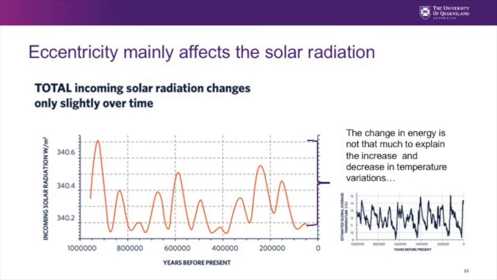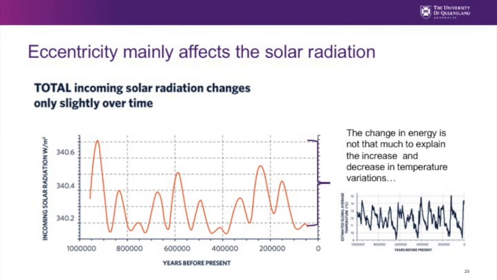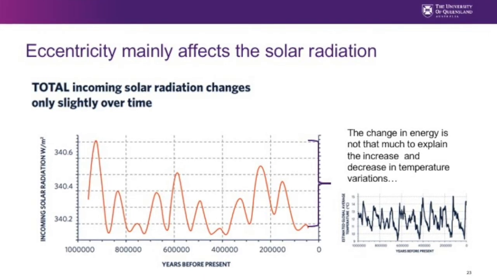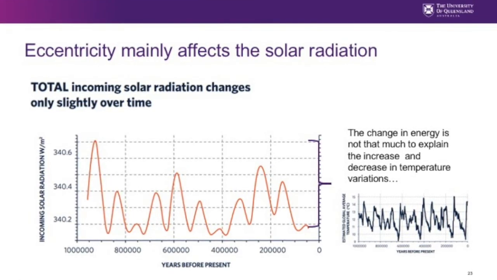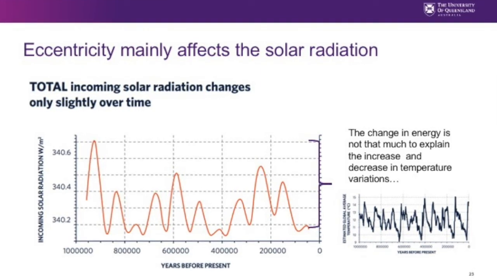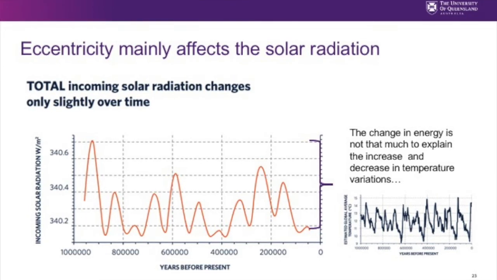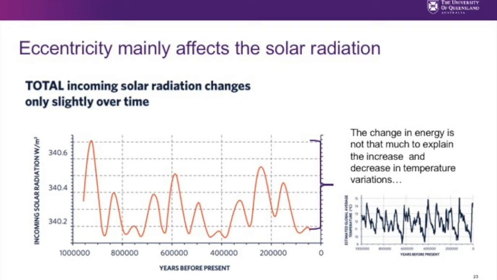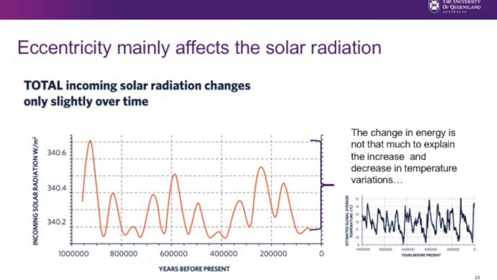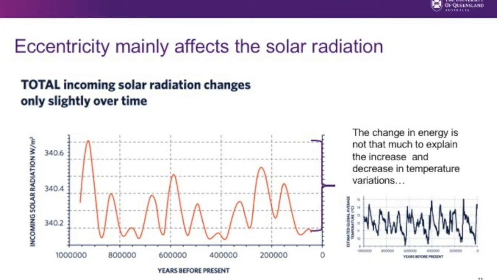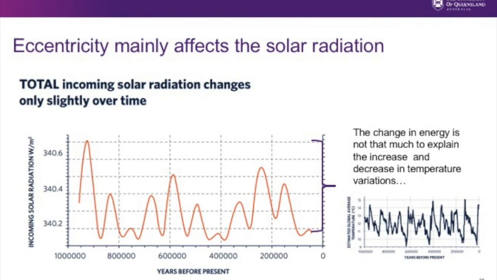So this figure shows how the total incoming solar radiation changes over time. And these changes of incoming solar radiation are mainly affected by the eccentricity, which is a 100,000 year cycle, right? If you look now, you can notice that the variations in incoming solar radiation are within the range of 0.5 watts per square meter.